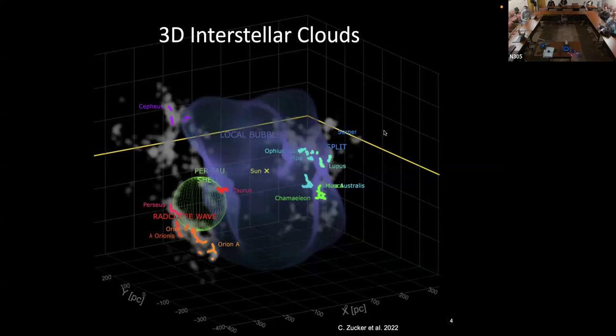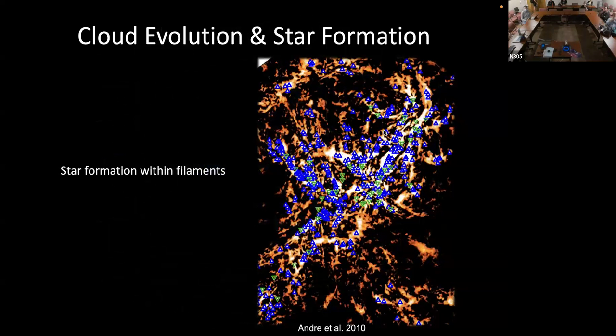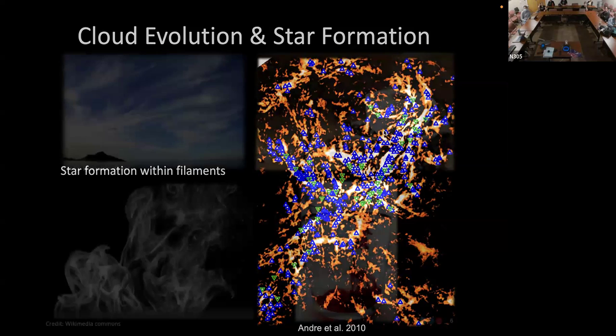What we know about these molecular clouds is that they gravitationally collapse to form stars. And star formation actually happens inside filaments inside these molecular clouds. A study by André in 2010 showed that all the star-forming cores that they identified lie within the filaments within molecular clouds.